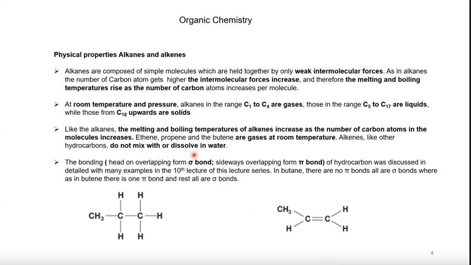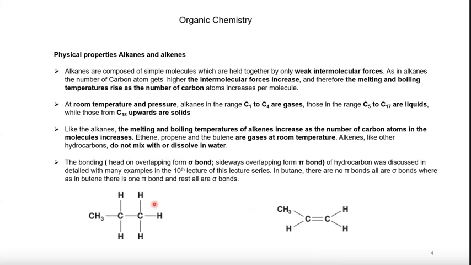We have to remember the bonding we discussed, the sigma bond and pi bond. We said hybridization of bonding, that means atomic orbital and then molecular orbital. And then we said if atomic orbitals overlap head-on, that becomes a sigma bond.